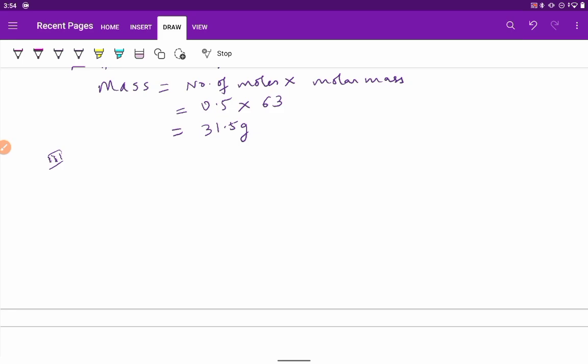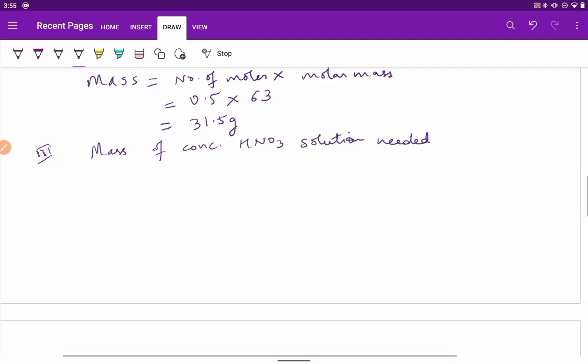Mass of concentrated HNO3 solution needed. This will be equal to, let it be X, because this we will calculate. It is given that solution is 70% HNO3. Solution given in the question is 70% HNO3.